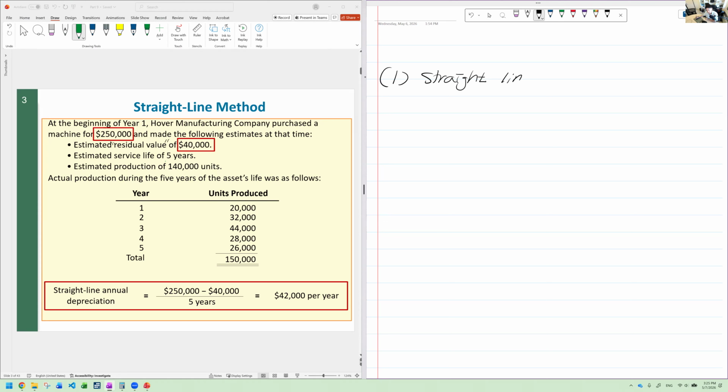All right. So first method, number one, it's called straight line method. The formula for straight line method is as follows. In the numerator, we're going to first use the purchase price of the long-term asset, and then subtract the residual value.